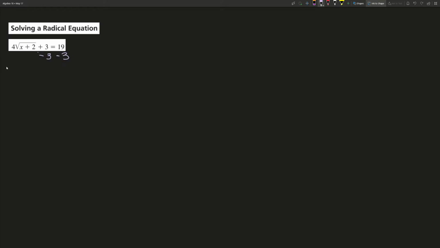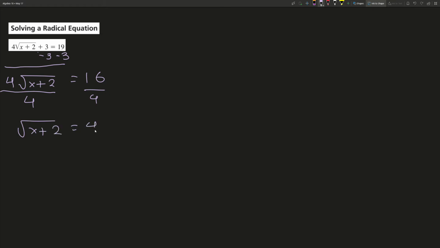So we'll subtract 3 on both sides, leaving us with 4 root x plus 2 is equal to 16. And now we can divide this whole thing by 4, right? We need to get rid of everything outside this radical. 16 divided by 4 is 4.